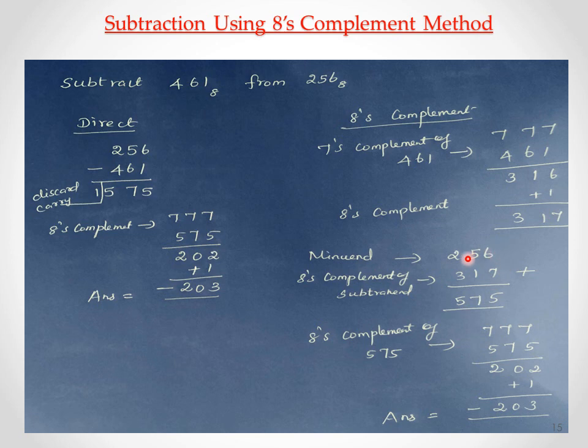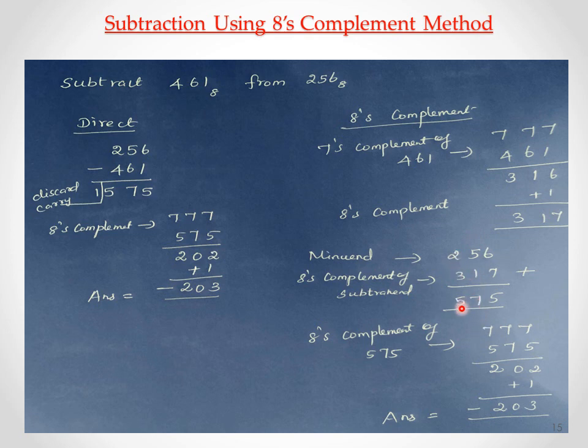So 256 plus 317. So 6 plus 7 is equal to 13. In decimal, the equivalent octal is 15. So I am writing 5 here and adding the carry 1 to here. So carry 1, 1 plus 5, 6, 6 plus 1, 7. Next, 2 plus 3 is 5.